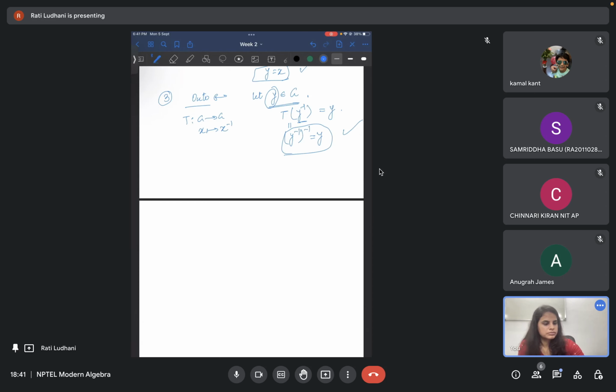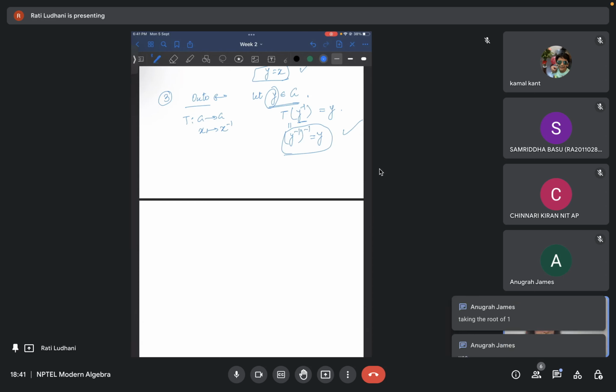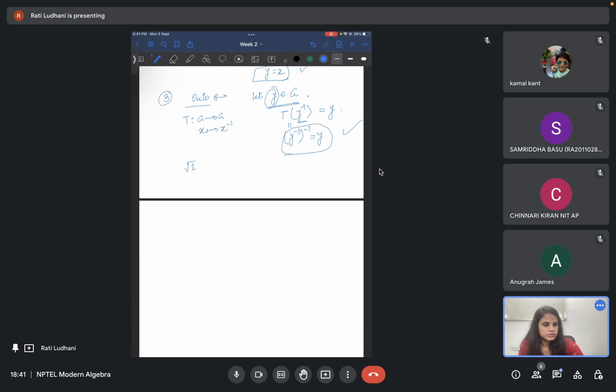Anugrah? Taking the root of 1. Okay, root of 1 means what? Plus or minus. Oh, okay. So root 1 is never plus 1 minus 1. This is plus minus root 1.